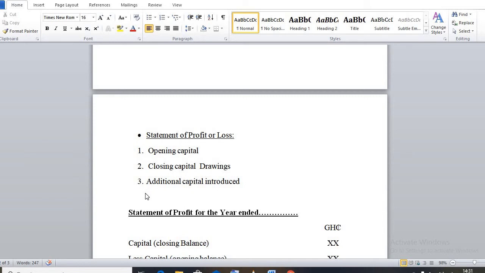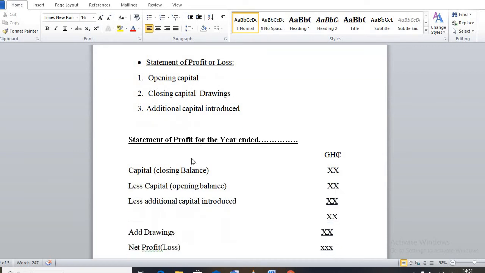Then we have additional capital introduced. So these are the elements that you are going to see in the statement of profit or loss account, because we said that we have to compare the balances of the capital, the beginning and that of the end. So these are the elements that will be seen under the statement of profit or loss from single entry records.